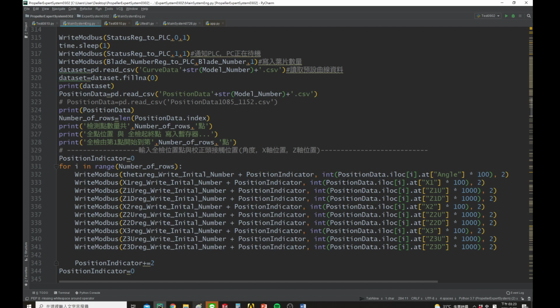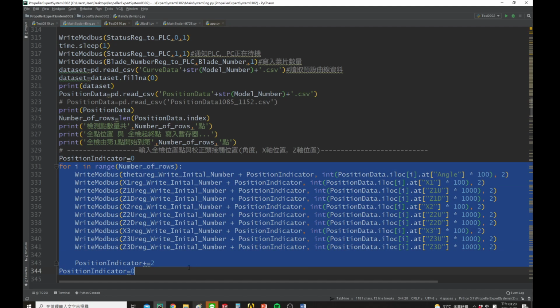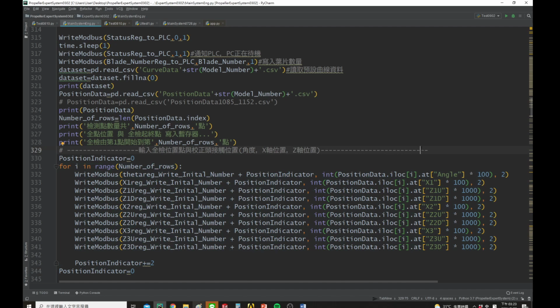But that won't happen, I think. The code is here, and I think it won't cause trouble when writing the value into the PLC.